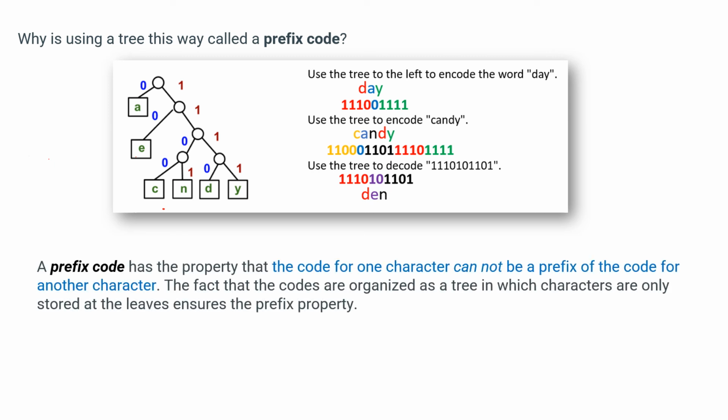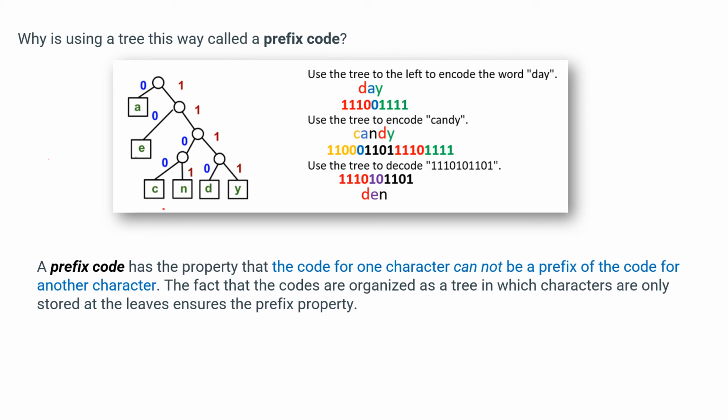It's because the code for one character is never going to be a prefix for another character. Because remember we said we knew to stop when we got all the way down to a character. In our tree, each letter is at the end of a path, right? We never are going to continue on after a letter.